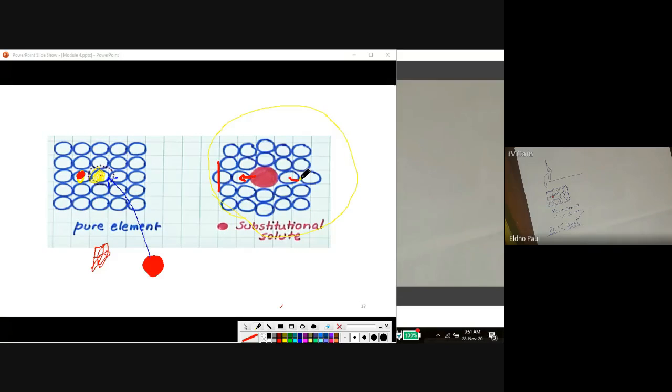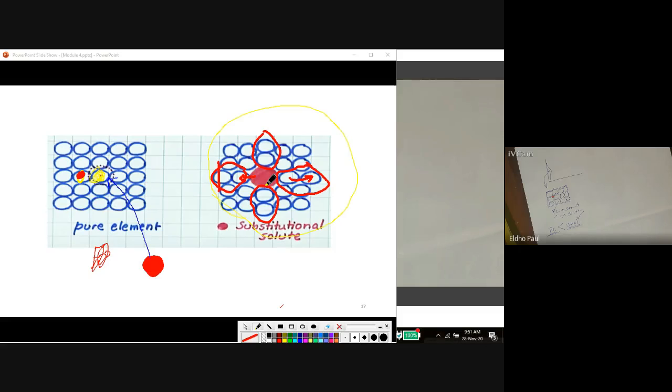Similarly, these two atoms also move in this direction to accommodate the bigger substitutional solute atom. In this region also we can see a shifting, and there will be a stress field or strain field developed.